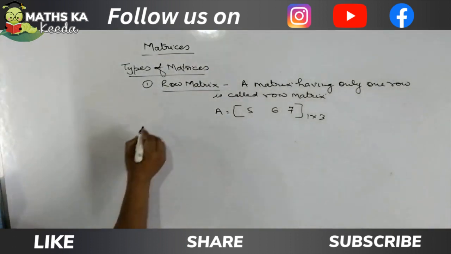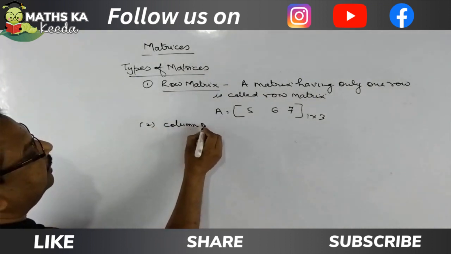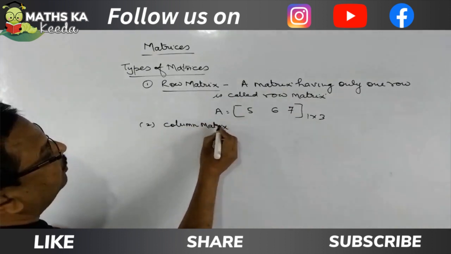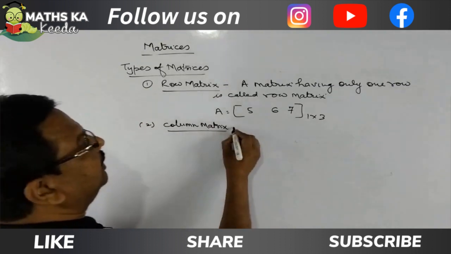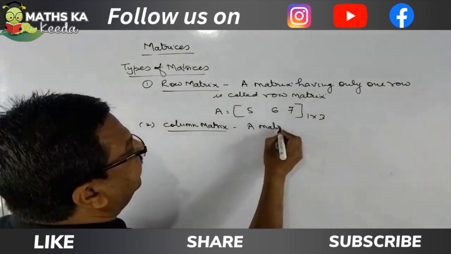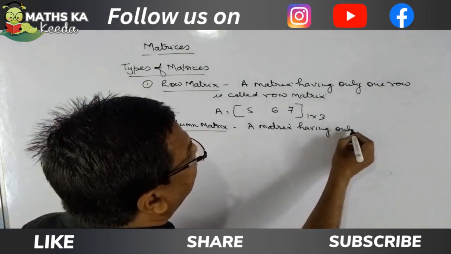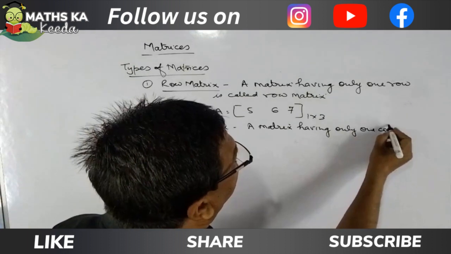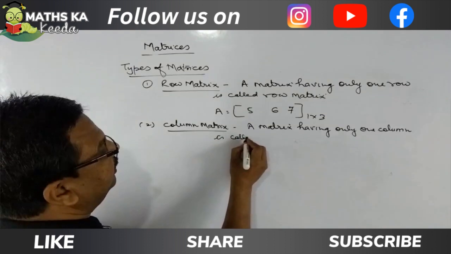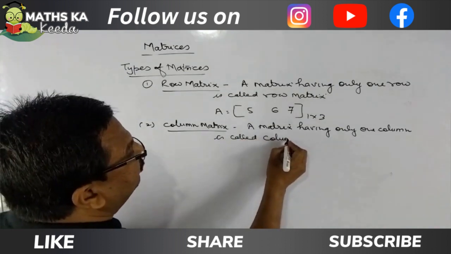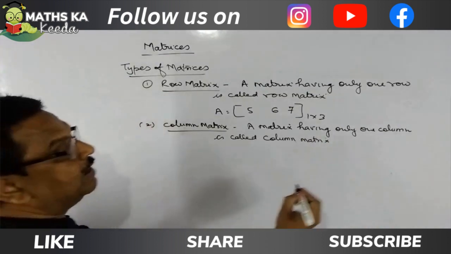One more time I am telling you, a matrix having only one column, you can write here, a matrix having only one column is called a column matrix. So we will say it is a column matrix. A matrix which has only one column.